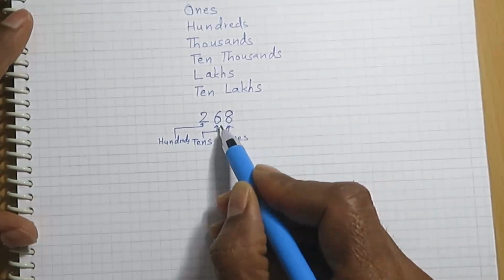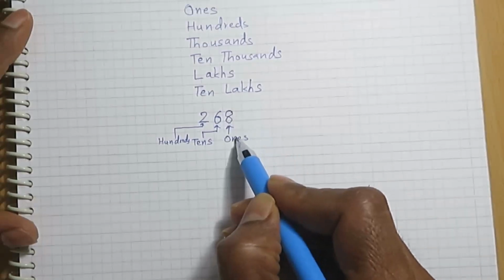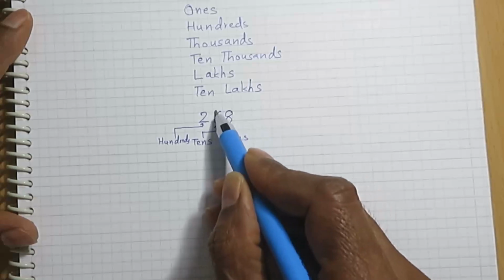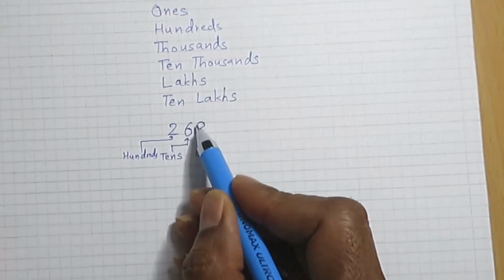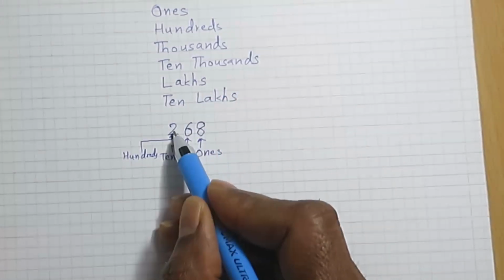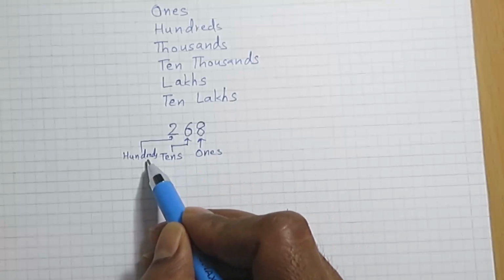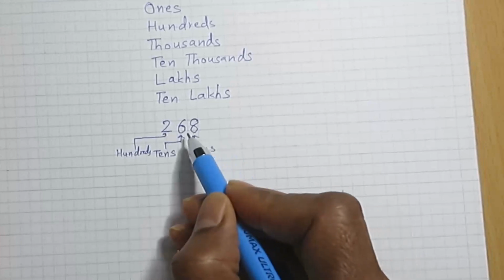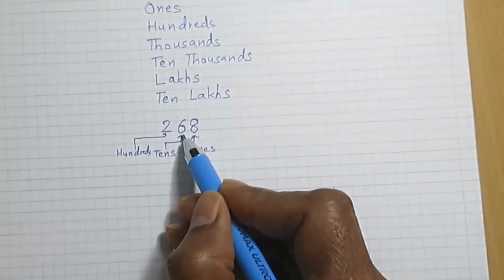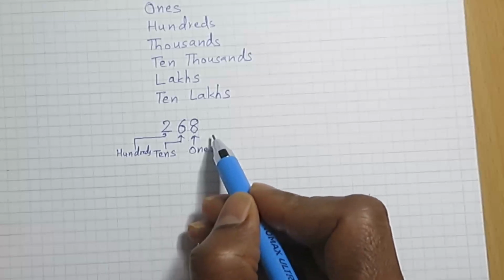Okay, so this number is 268. Here the first one is the ones place value. We are going from the right. The second one from the right is tens. The third one from the right is hundreds. So there are 2 hundreds, 6 tens, and 8. That makes 268.